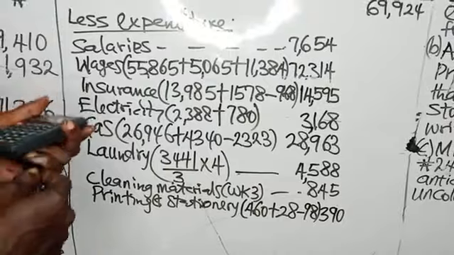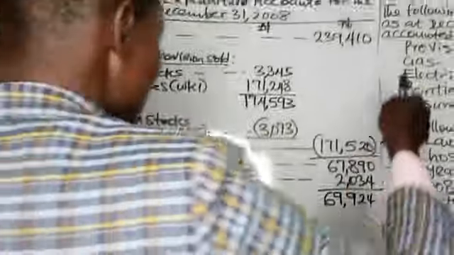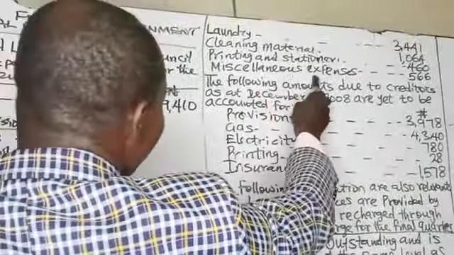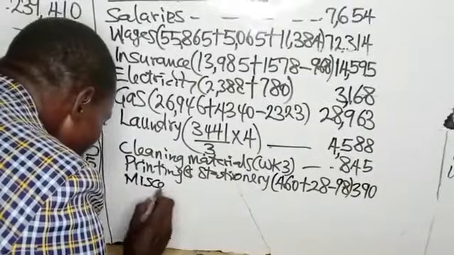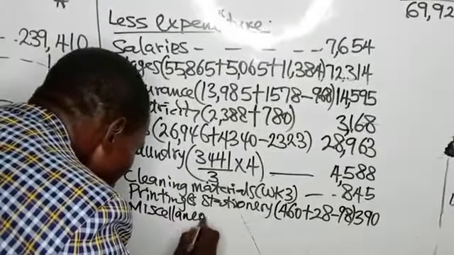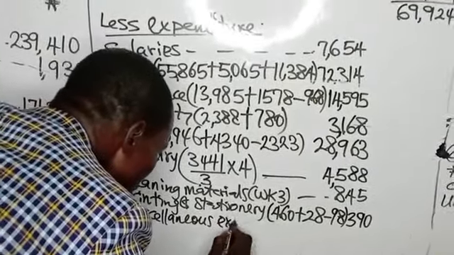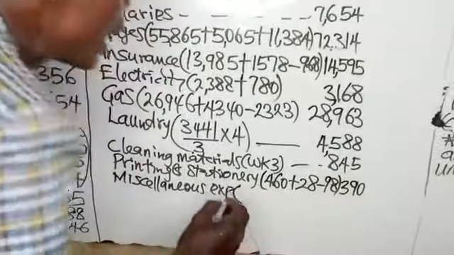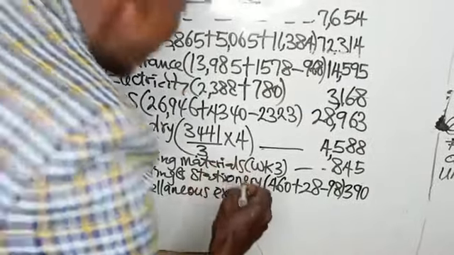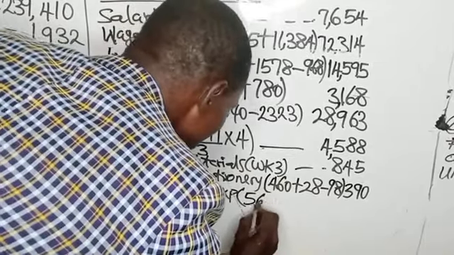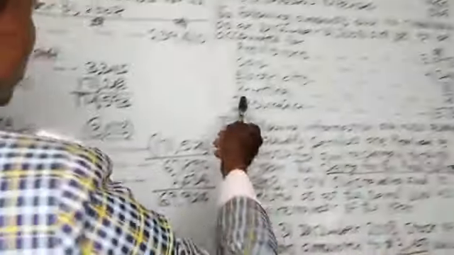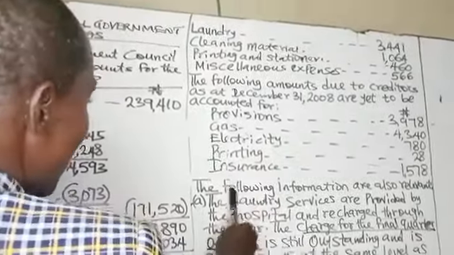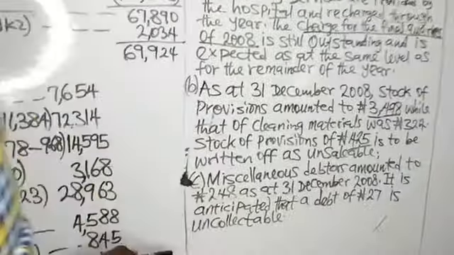Then we have miscellaneous expenses, 566. Miscellaneous expenses that amounted to 566. Do you have anything that affects miscellaneous in the notes? We didn't have anything as such here, so there is nothing.